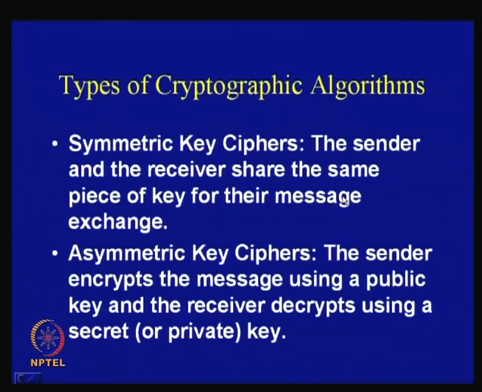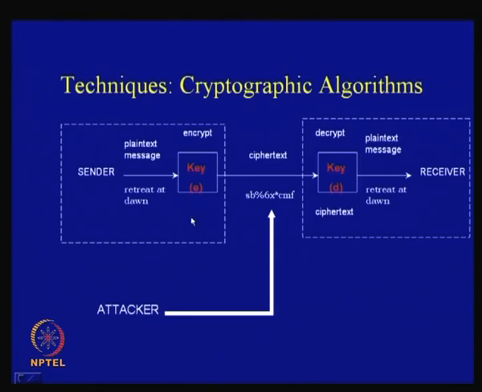But there is something called asymmetric key ciphers, and in this case the sender encrypts the message using a public key, which means this key is known to everyone. So this key E is known to everyone, so it exists in the public domain. But for decryption you have a secret key, called a private key, and using this private key you recover the plain text.